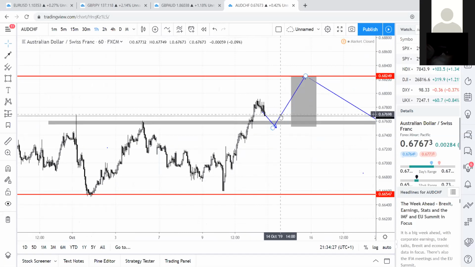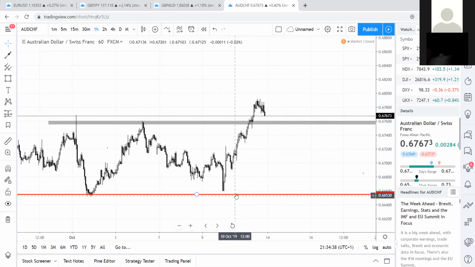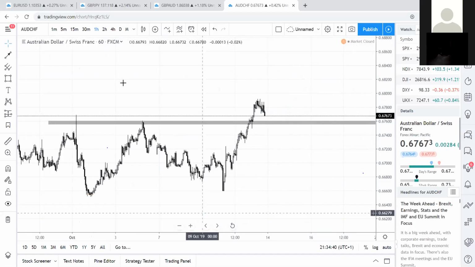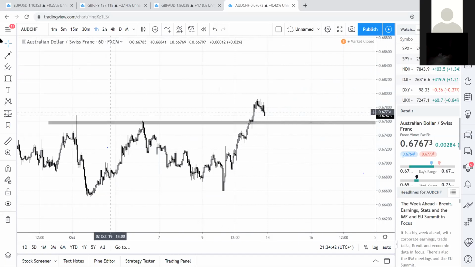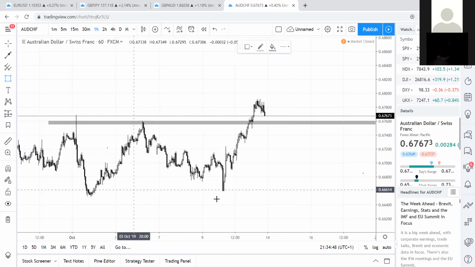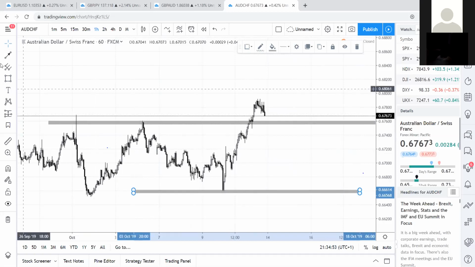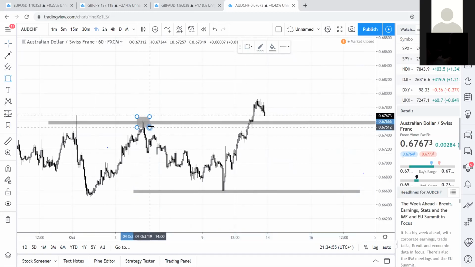Let me clear all these so that you can see properly. So this is your previous high, and then this is your previous low. This is the high. Look at it.